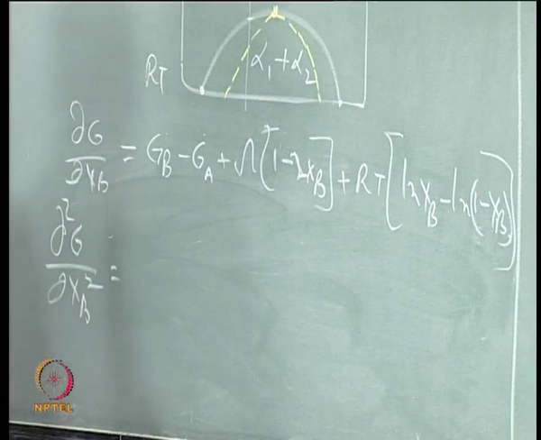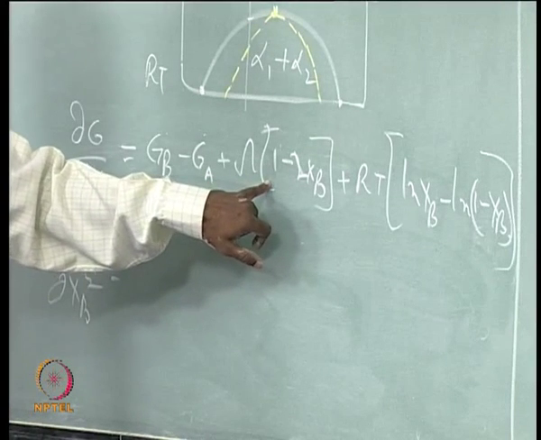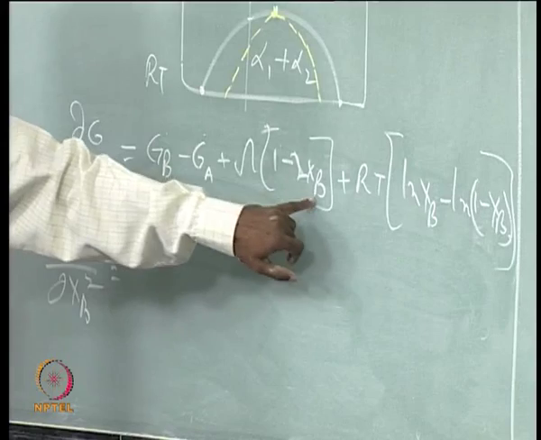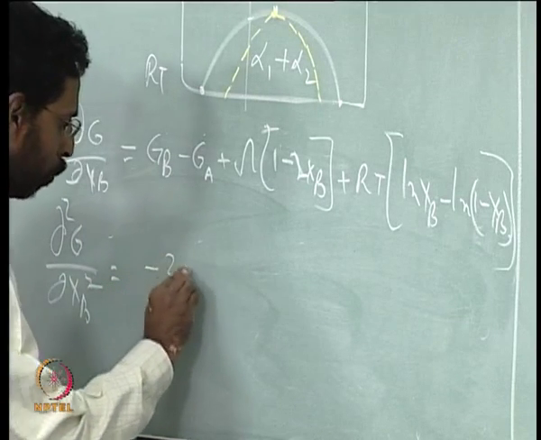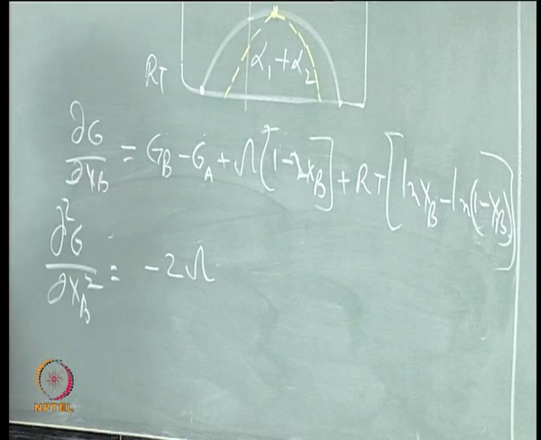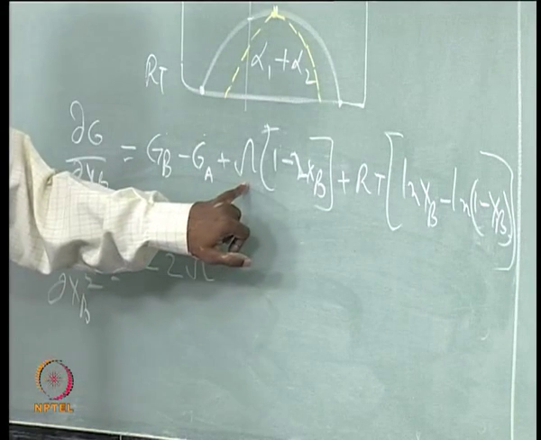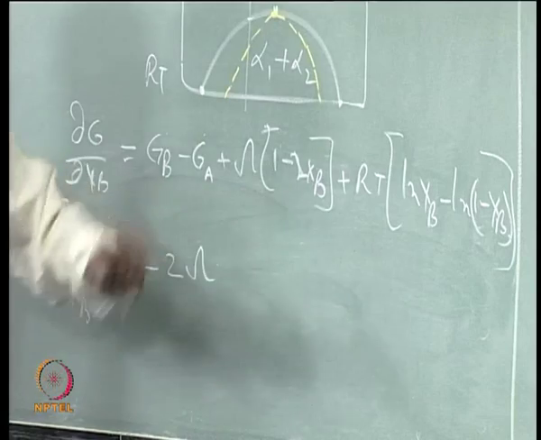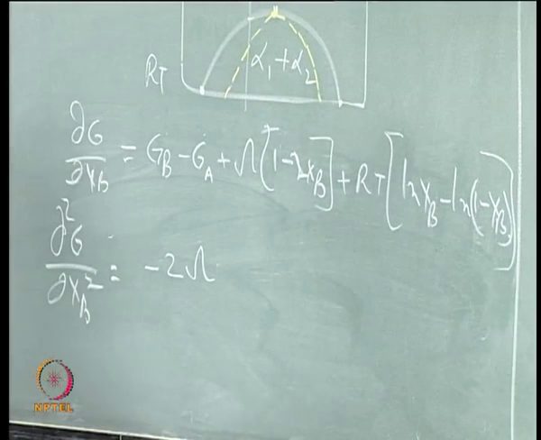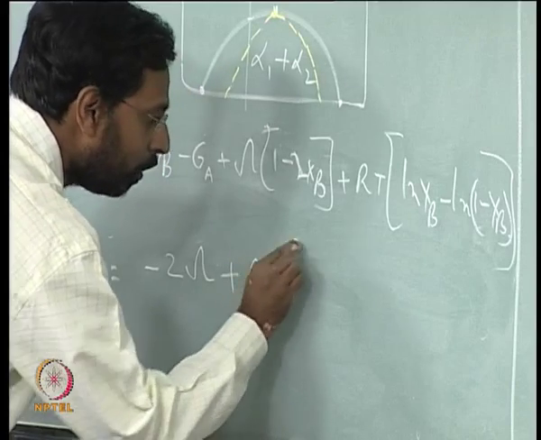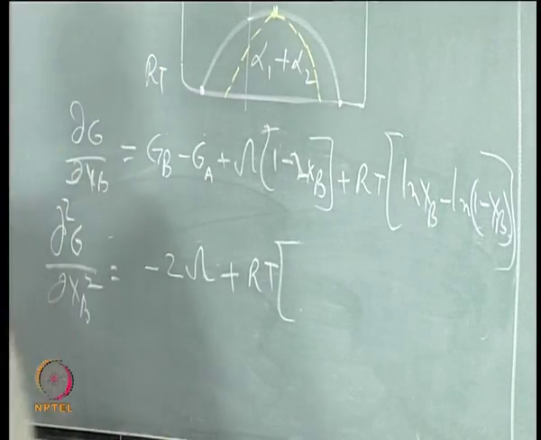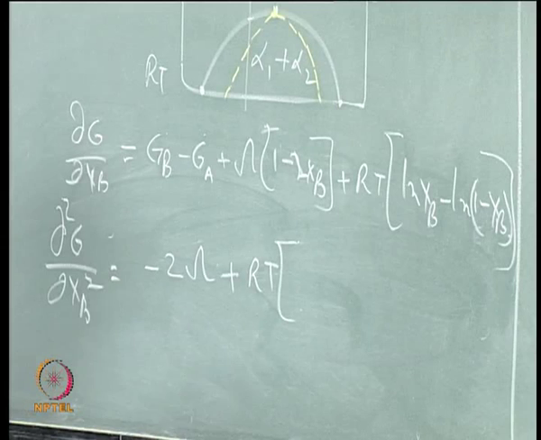And then this, omega into minus 2 xb, the derivative is minus 2 omega, plus RT into the derivative of ln xb, which is nothing but 1 by xb, am I right?